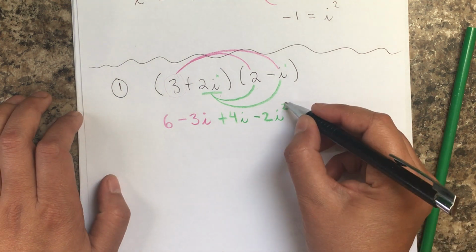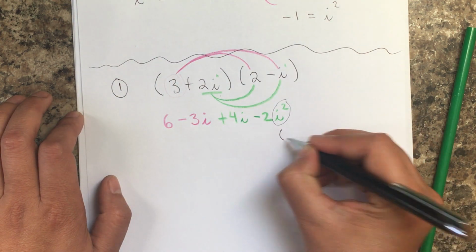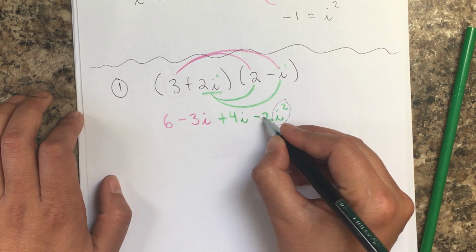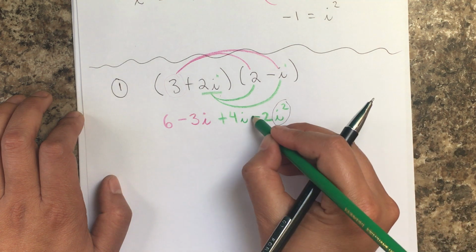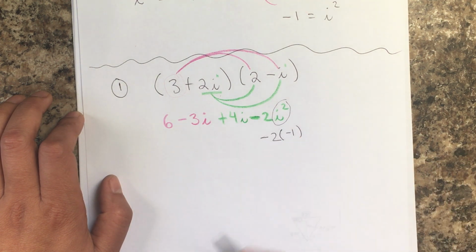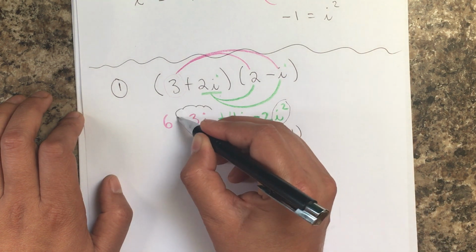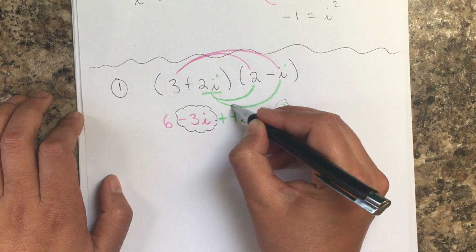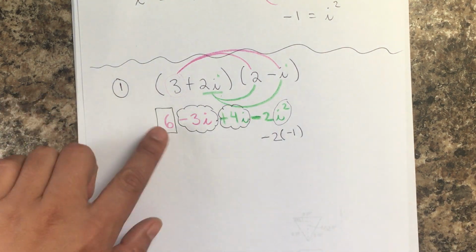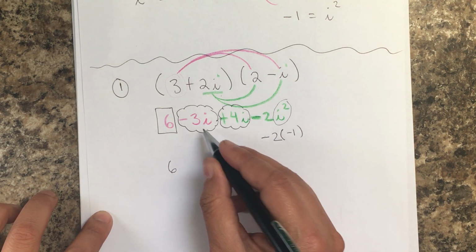And so in here, because we have this i squared, we're going to replace that with -1. And we're multiplying the -2 times that -1. At the same time, we can combine like terms, so we have -3i, positive 4i, and the 6 in here. So I'm going to bring down the 6.